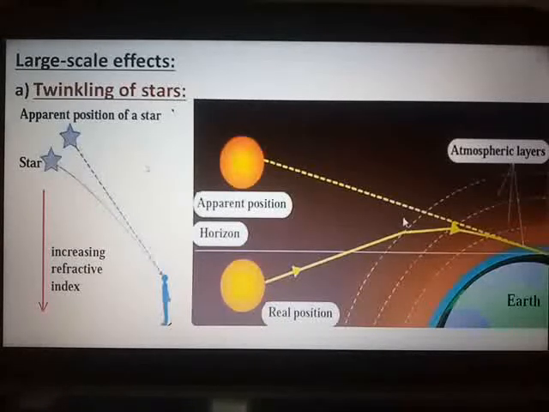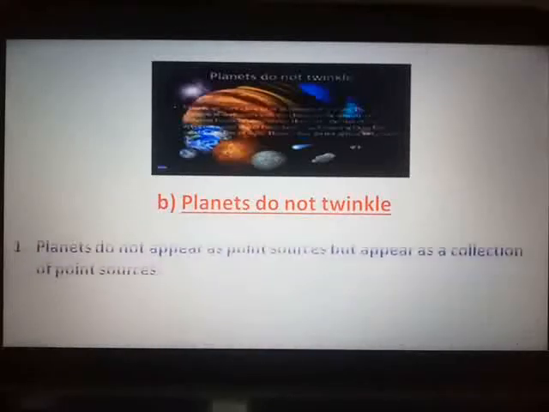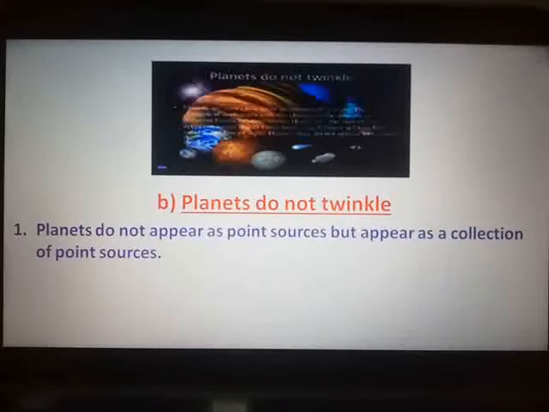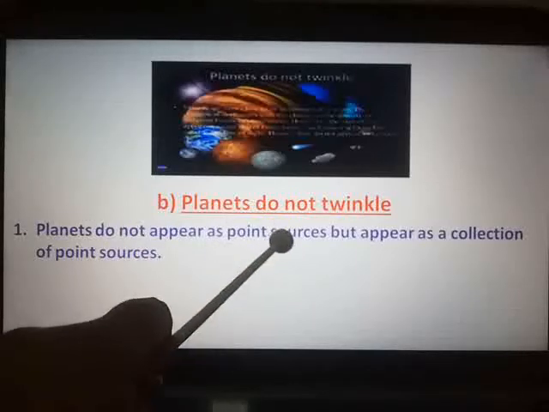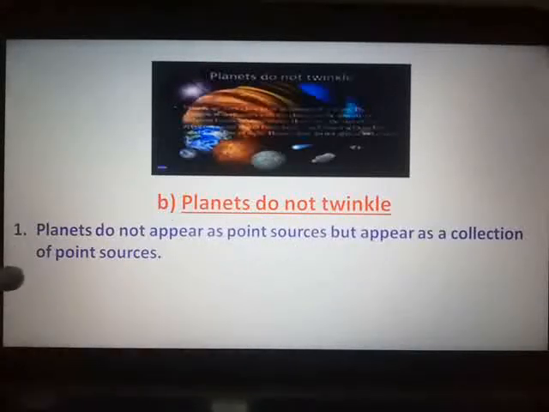Now when you speak about the planets, you know that planets do not twinkle. Why do planets not twinkle? You know that stars and planets are both located in the sky, but as compared to the stars, planets are much closer to us, and hence they do not appear as point sources but as a collection of point sources.